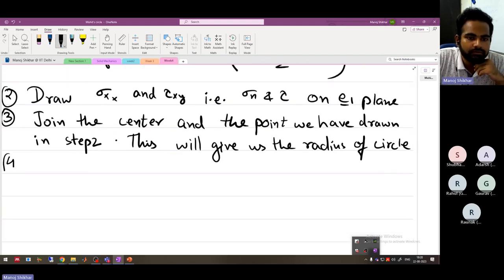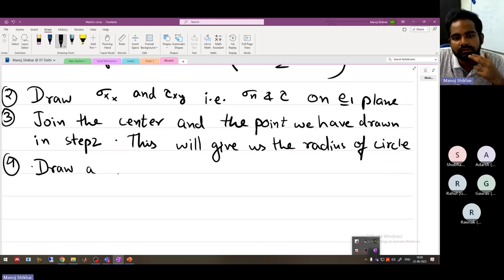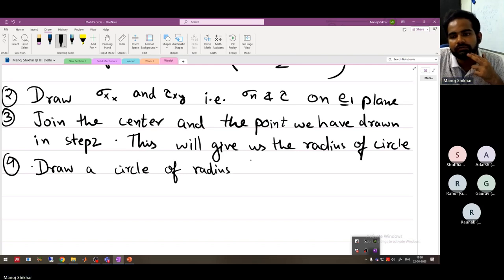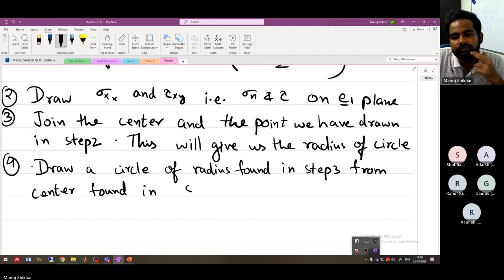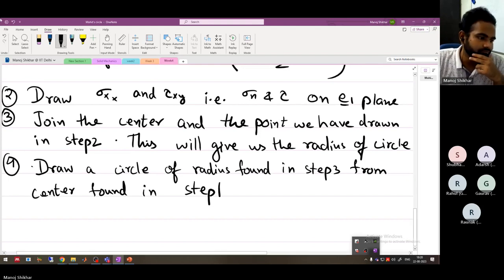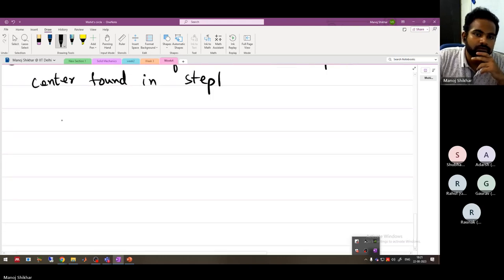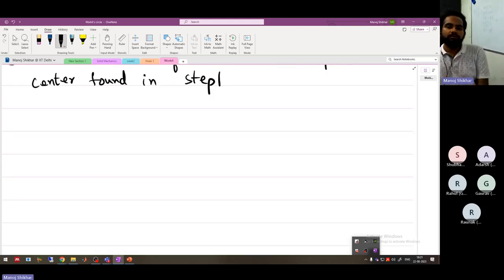Step 4 is, you know the center, you know this radius. So draw a circle with the radius found in step 3 from the center found in step 1. So this is how you draw a Mohr circle.